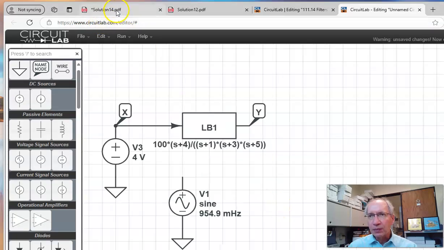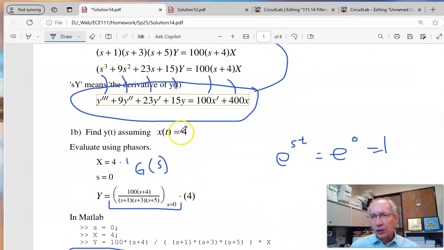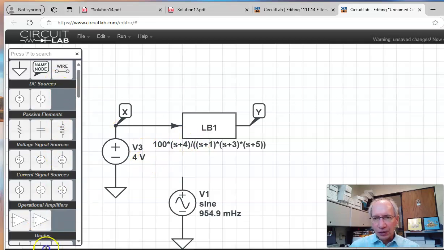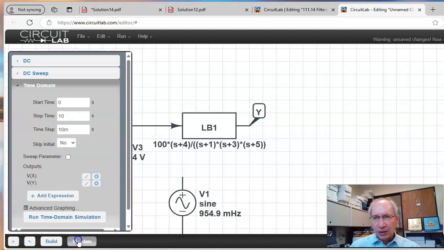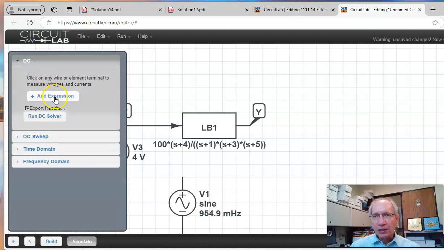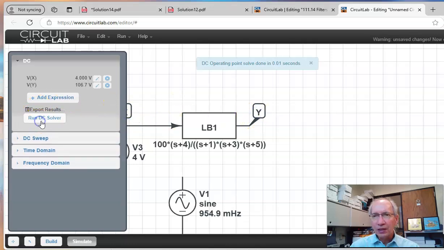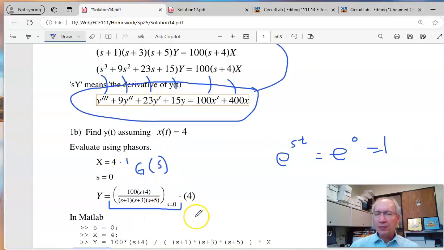So the input is 4. Find the output. So now I can go under simulate, do a DC simulation, expression. Here's x and y. Solve. Output is 106. Same thing that I calculated.